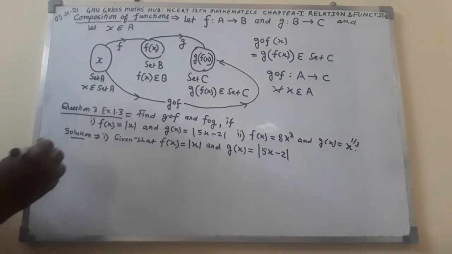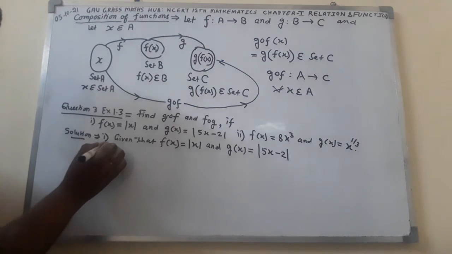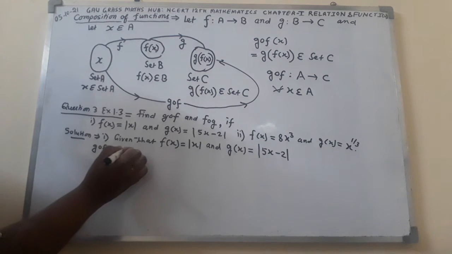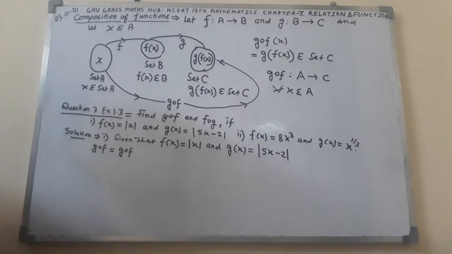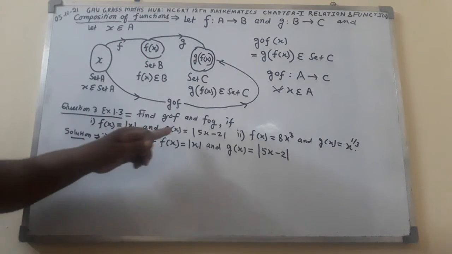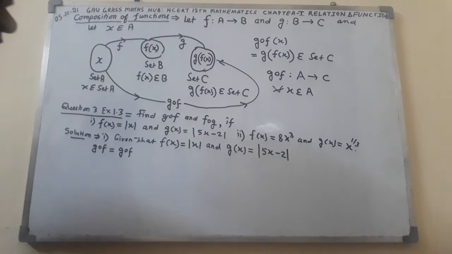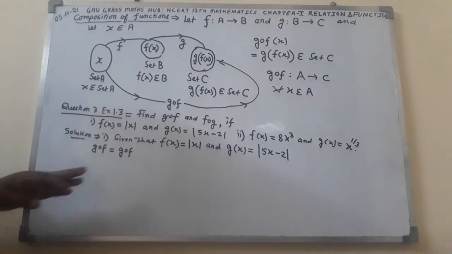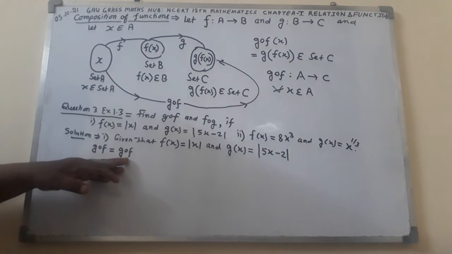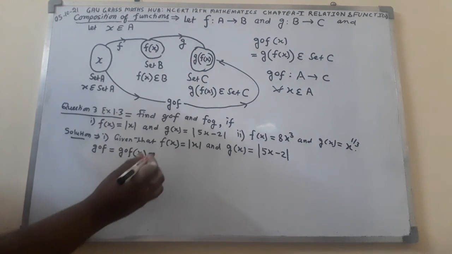So first of all, I shall write gof equal to gof. Here you can see everywhere the variable is x. That's why, gof of x, I shall write x comes out to be g.